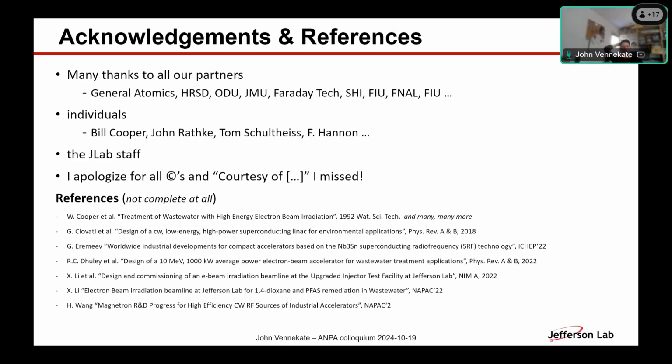In that case, we realized we actually need higher doses. So the chain of treatment is not that you expose all your wastewater to electron beam, but you actually have to do a pre-concentration. There are mechanisms now to filter out these PFAS forever chemicals and then treat them separately with the electron beam because they require a higher dose.